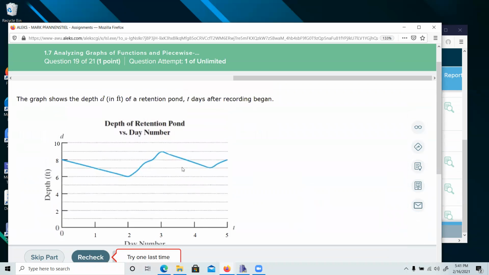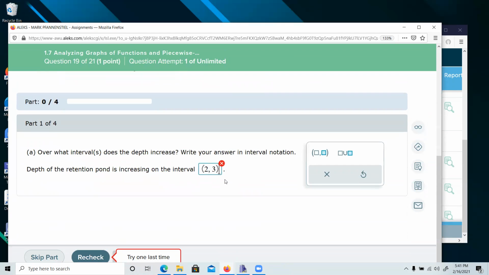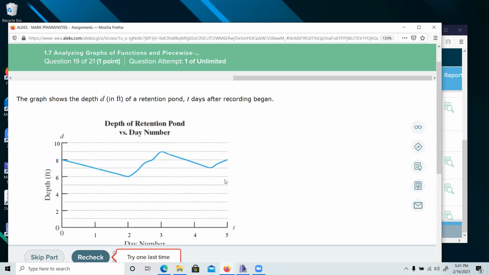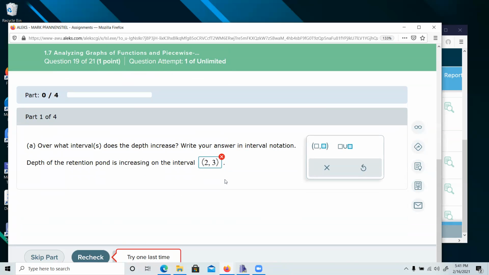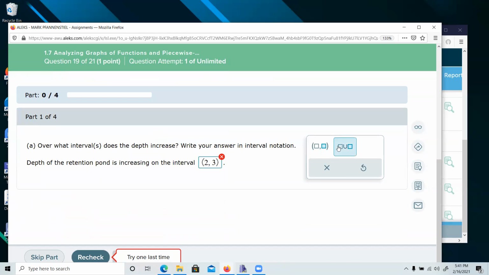Okay, one last time. So we have 2 to 3. Depth increase. Oh, union, of course.